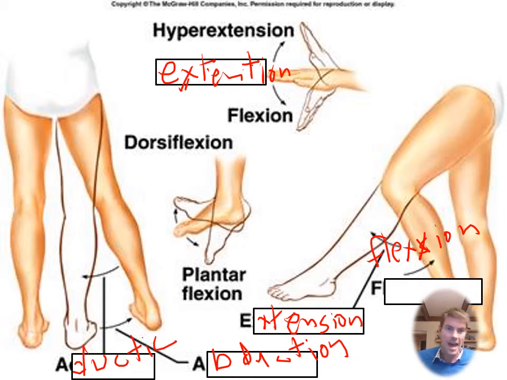You sit there and pull your leg out, that's the abduction. And on the other machine, you pull your leg in, and that's the adduction. Confusing. They sound almost exactly the same.